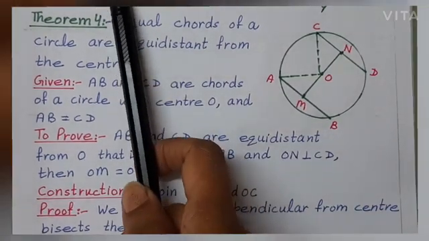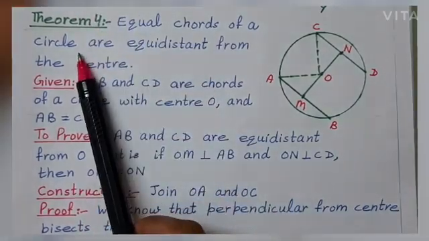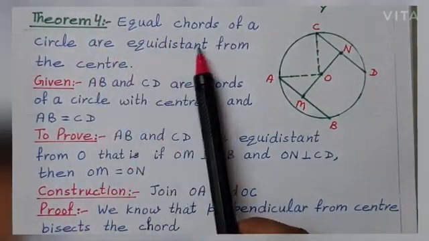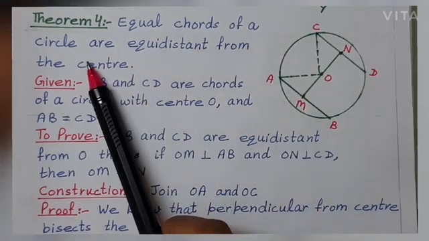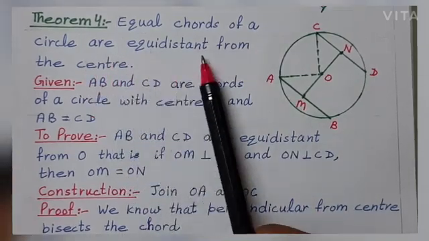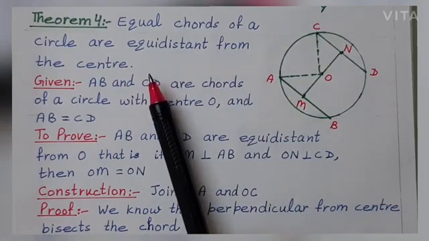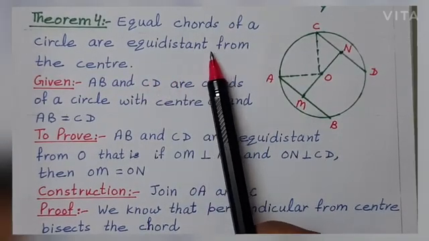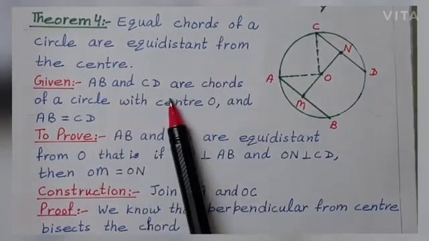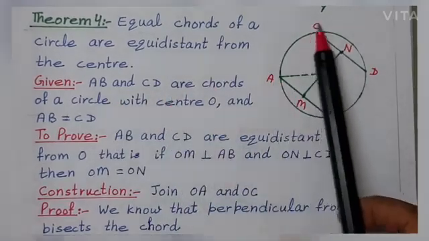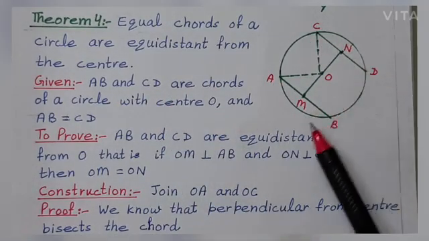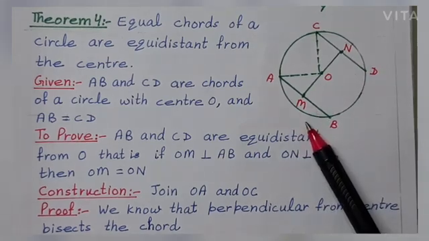Now the next theorem is theorem number 4. Equal chords of a circle are equidistant from the center. Students, this is a very important theorem. See what is given here: AB and CD are two chords of equal length. Clear?